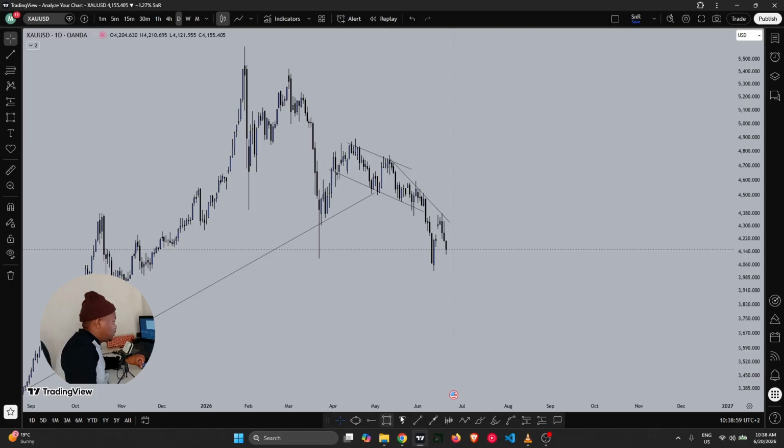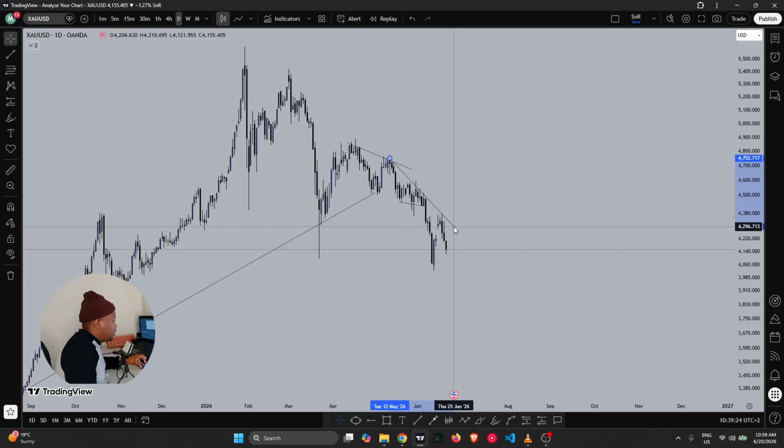We had this touch, and then we recently had this touch. To refine this pattern even further so that you can see what exactly is happening, we recently broke out of this pattern to the downside.